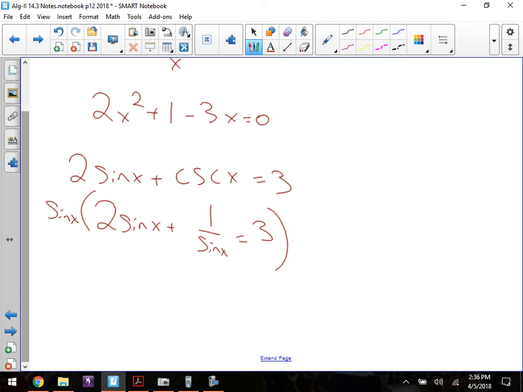So you get 2 sine squared x plus 1 minus 3 sine x is 0. And guess what happens? It's the same thing. The only thing we're changing here, guys, is the first step.